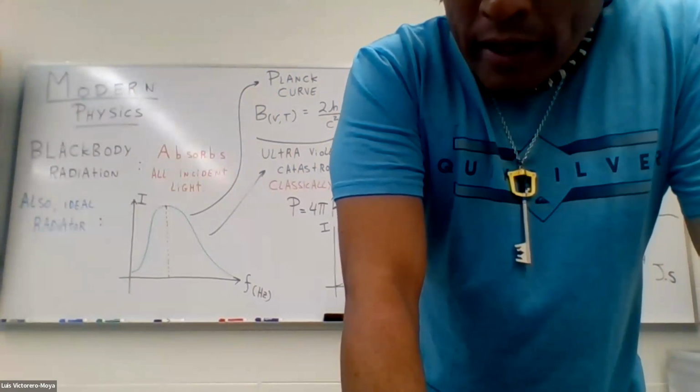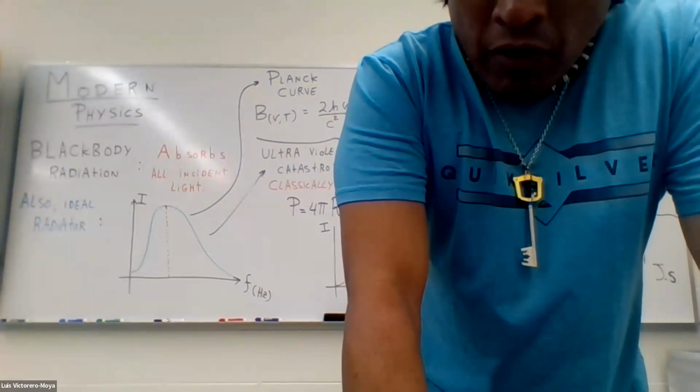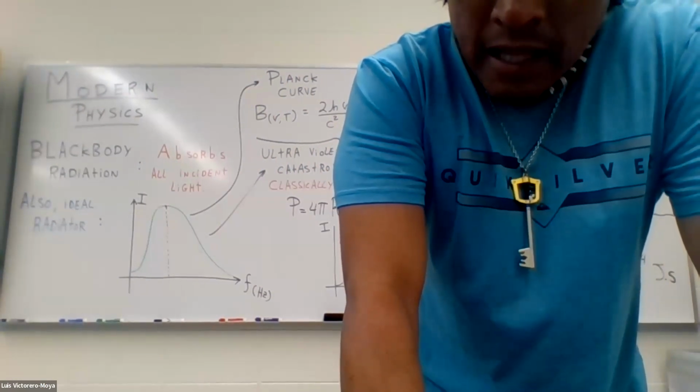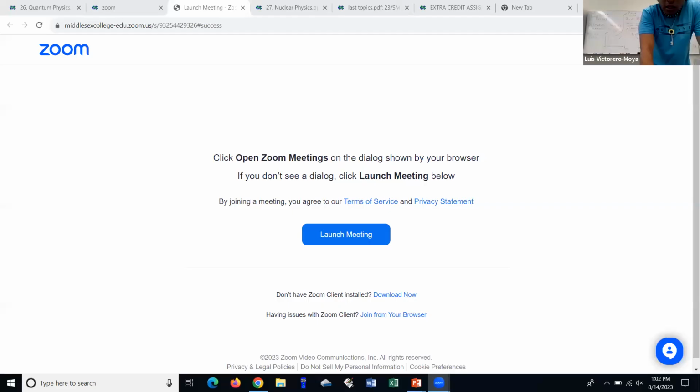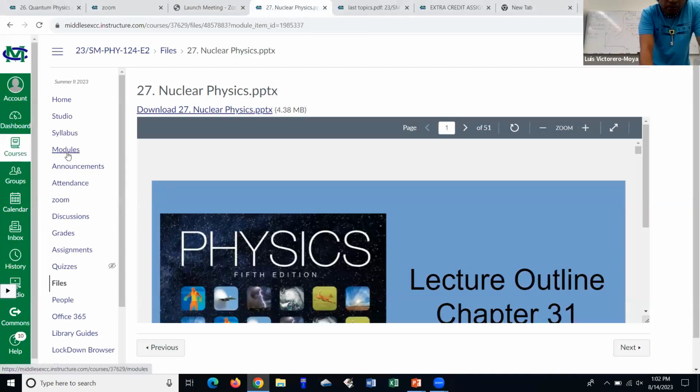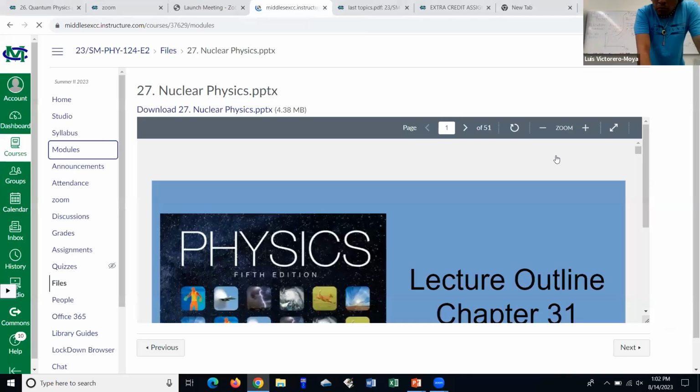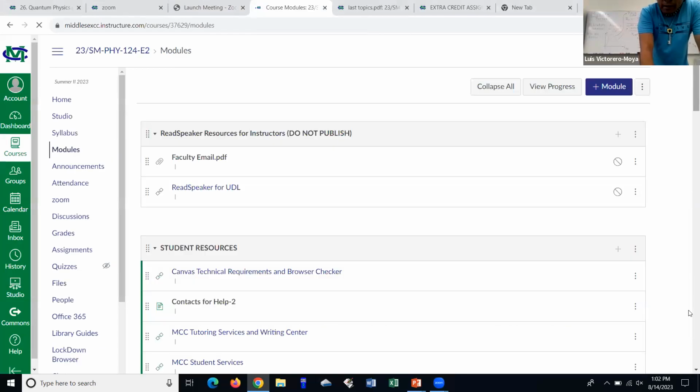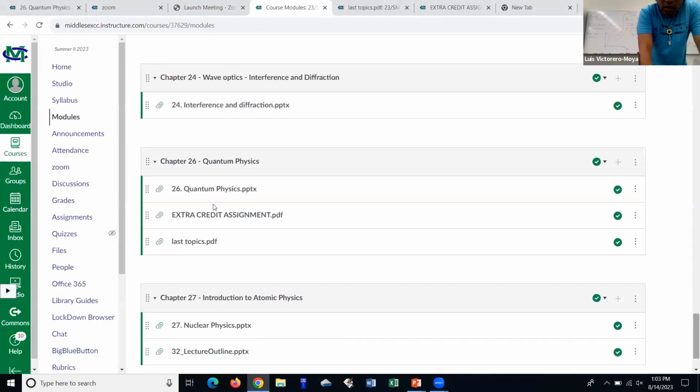So with modern physics, you can find the slides that I'm going to use in modules. They will be located in here. Don't worry about this. I'm actually going to be using some of these problems today, also from here.